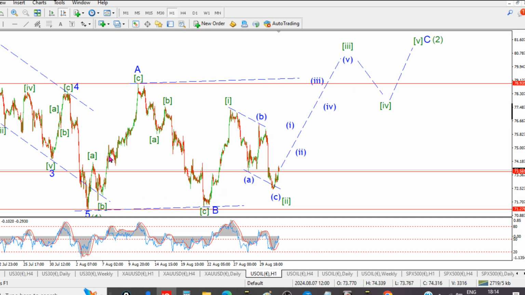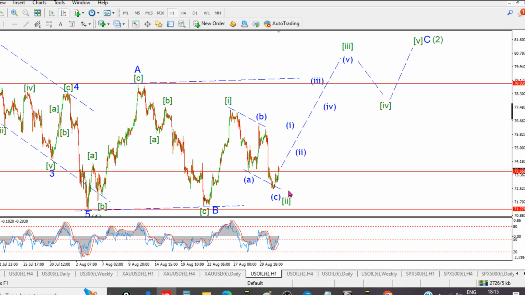So we've got wave A up, wave B down, and then wave 1, 2. So the correction in wave 2 came down quite classic 3-wave form within the trend channel, and then we seem to have some sort of a reversal building here into wave 1 of 3. This has got to go higher this week to confirm this pattern.